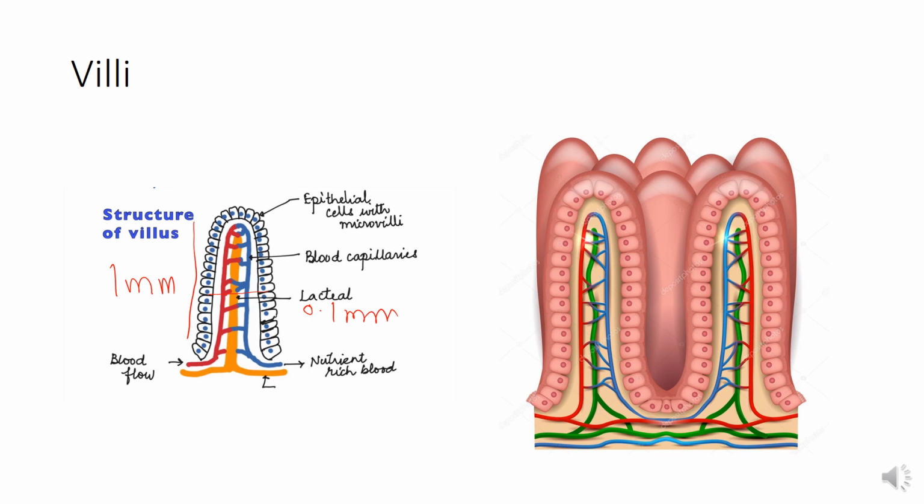Now, under the light microscope, each intestinal villus is seen as an evagination of the intestinal mucosa having a core of loose connective tissue, covered by the intestinal epithelium.